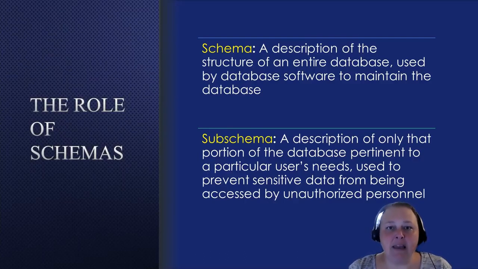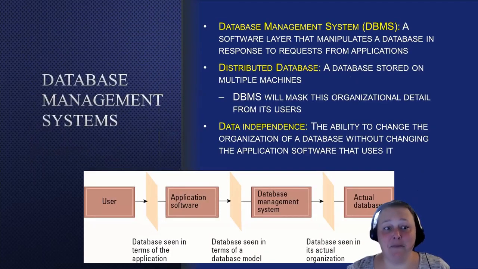The sub-schema would be what the finance department sees, what the security department sees. So there are slightly different views and access points in the sub-schema, whereas the schema itself would be the entire integrated database and how it is set up. The sub-schema is used to prevent data from being accessed by people who shouldn't access it, so it is used for security and for breaches. You can limit access by using a sub-schema.